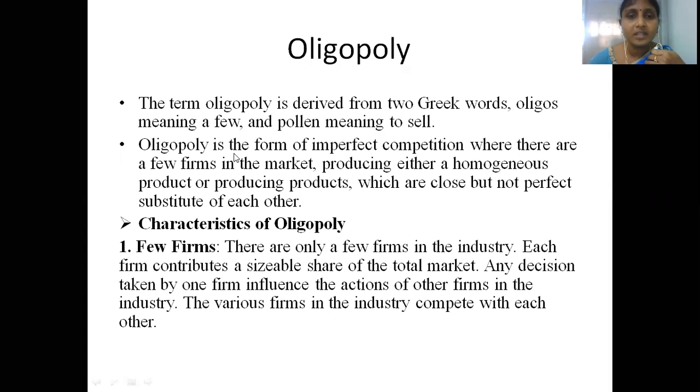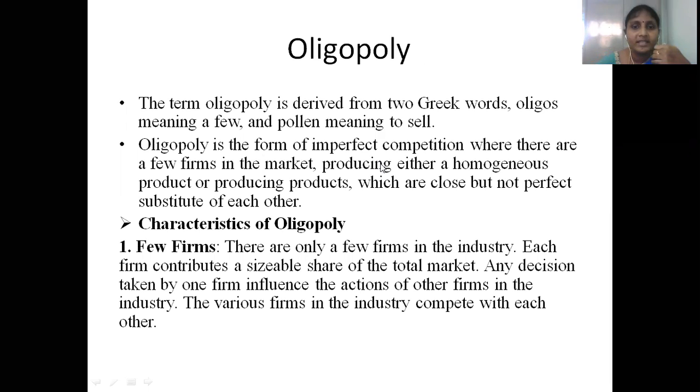Here there are only a few firms in the market. That means for selling the commodities in that market, only a few firms are available. In this oligopoly market, we can sell homogeneous products or non-homogeneous products. If they are selling homogeneous products, we call it perfect oligopoly. If they are selling non-homogeneous products, it is called imperfect oligopoly.